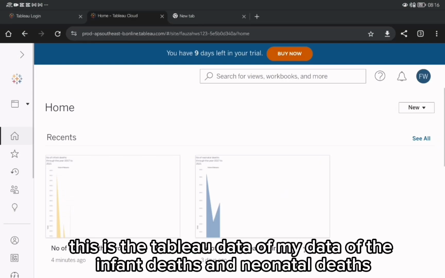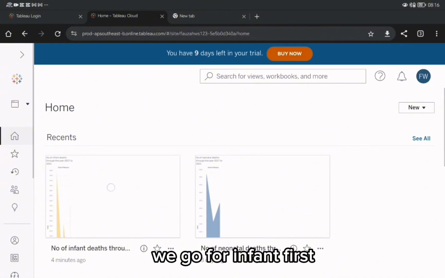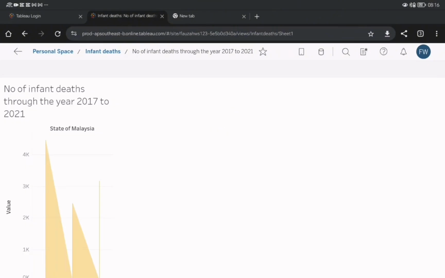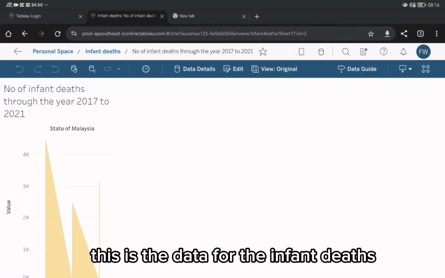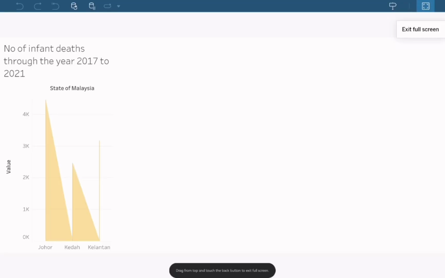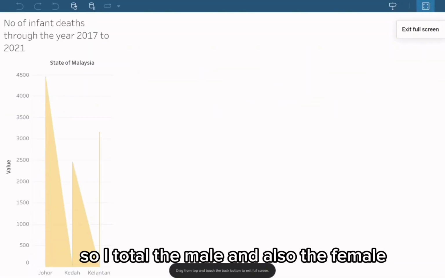This is the Tableau data of the infant deaths and also the neonatal deaths. We go for infant first. This is the data of the infant deaths. I totaled the male and also the female.